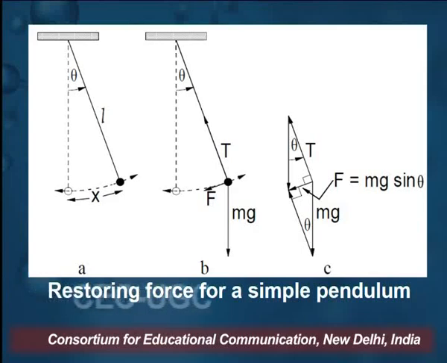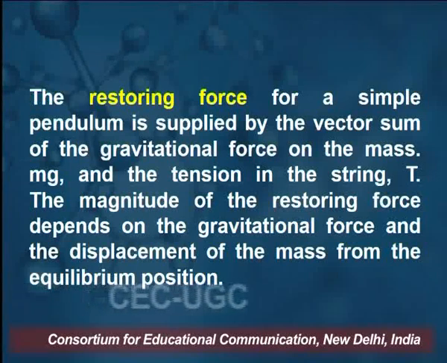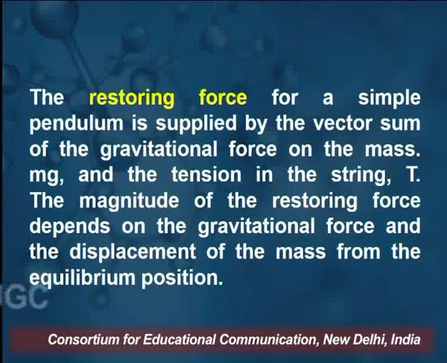So the restoring force for a simple pendulum is supplied by the vector sum of the gravitational force on the mass, mg, that produces a tension in the string, defined by T. The magnitude of the restoring force depends upon the gravitational force as well as the displacement of the mass from its equilibrium position.